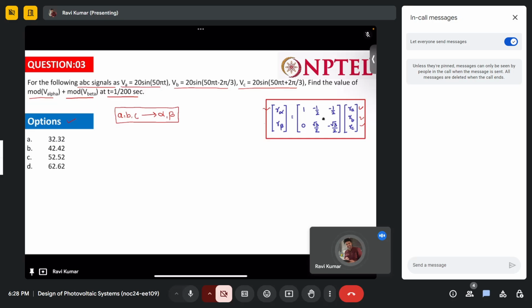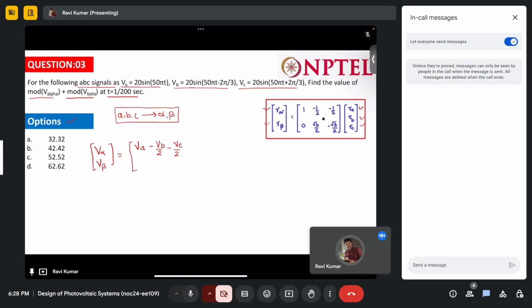So let's solve this. V alpha, V beta equals to VA minus VB by 2 minus VC by 2.